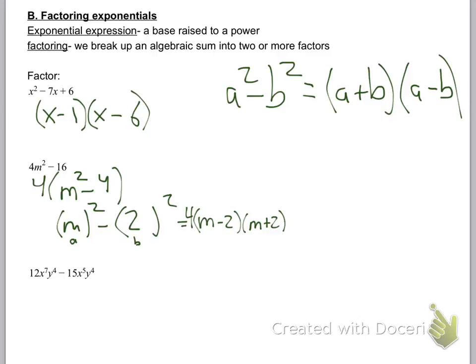No. Is x to the 7th a perfect square? No. But y to the 4th is. But since they're not perfect squares, I know that I can't use difference of squares. What can I do then? Or what did I try to do with the first two problems right away? It says factor, look for.